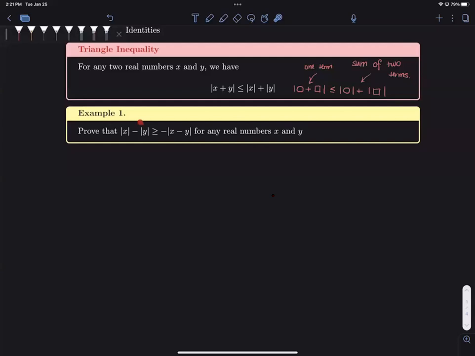For example, you can move this to this side or something like that. So how would you rearrange it so it looks like my triangle inequality? x minus y plus y, what do you mean?